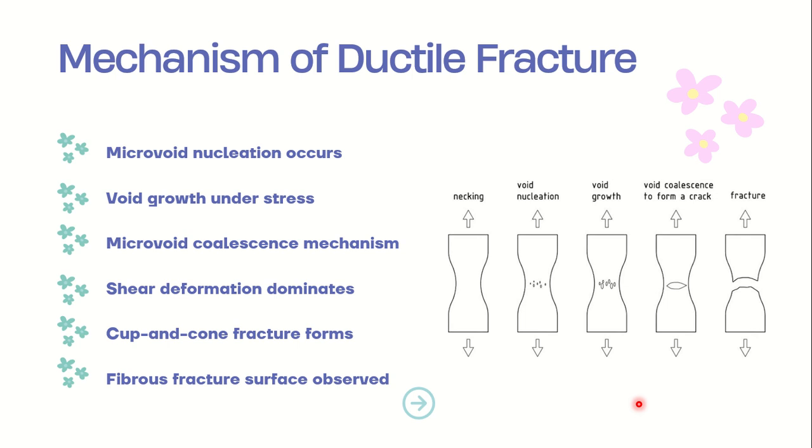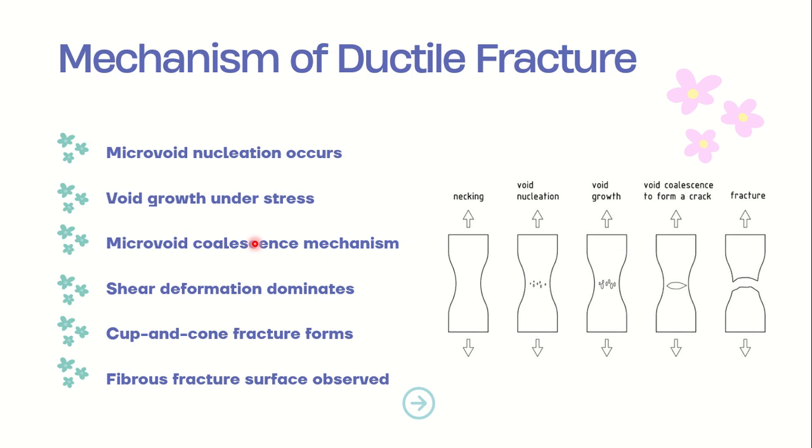Then the mechanism of ductile fracture: micro-void nucleation occurs. Here, in the first image, necking has occurred. Then void nucleation occurred in the center of the portion. Then the voids grow. Then the voids are transformed into a crack. Then the fracture will occur.